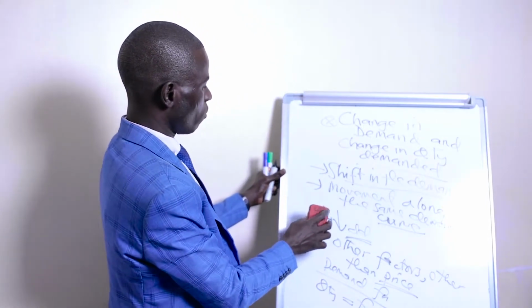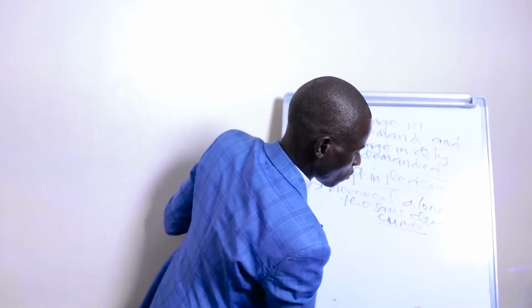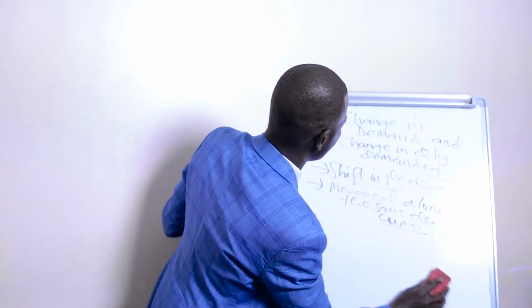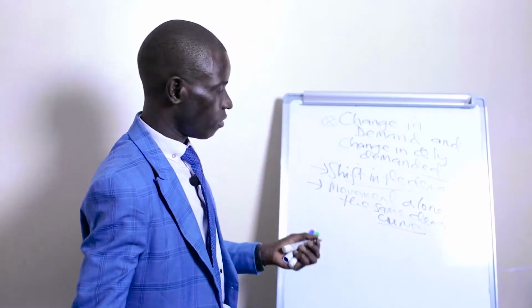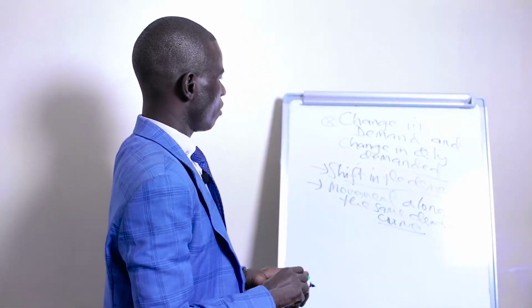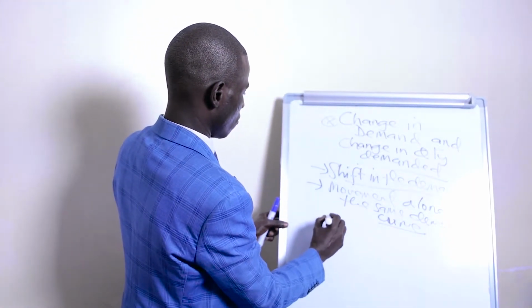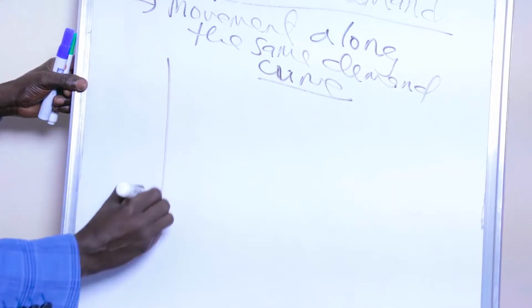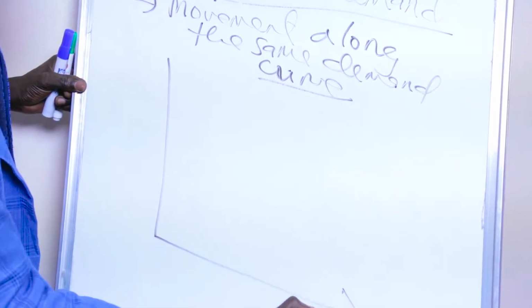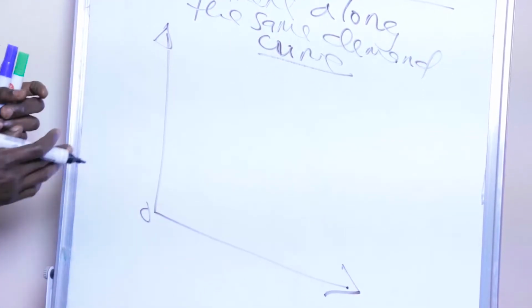And the graph is simple. We have a simple illustration which shows how the demand is shifting from the original demand to the other demand due to other factors.